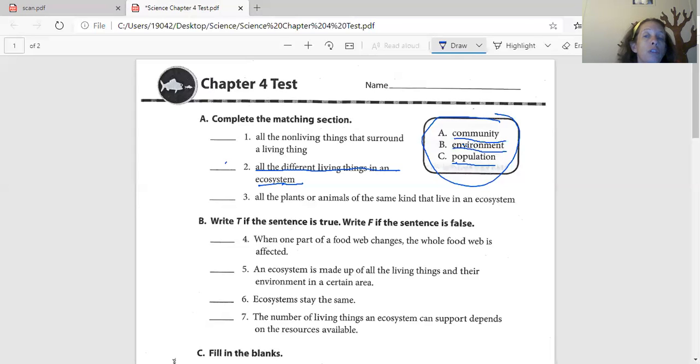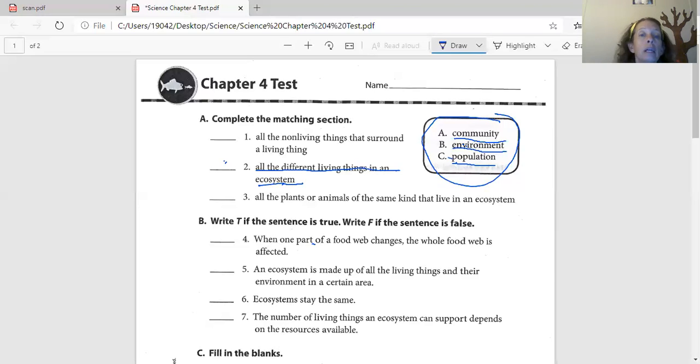If you think that describes population, write a C here. Do it now. Preston, I need you to face forward. You keep turning sideways. And raise your hand when you are finished with that one. Or rather, Rylan, you let me know when you're done with number 2.